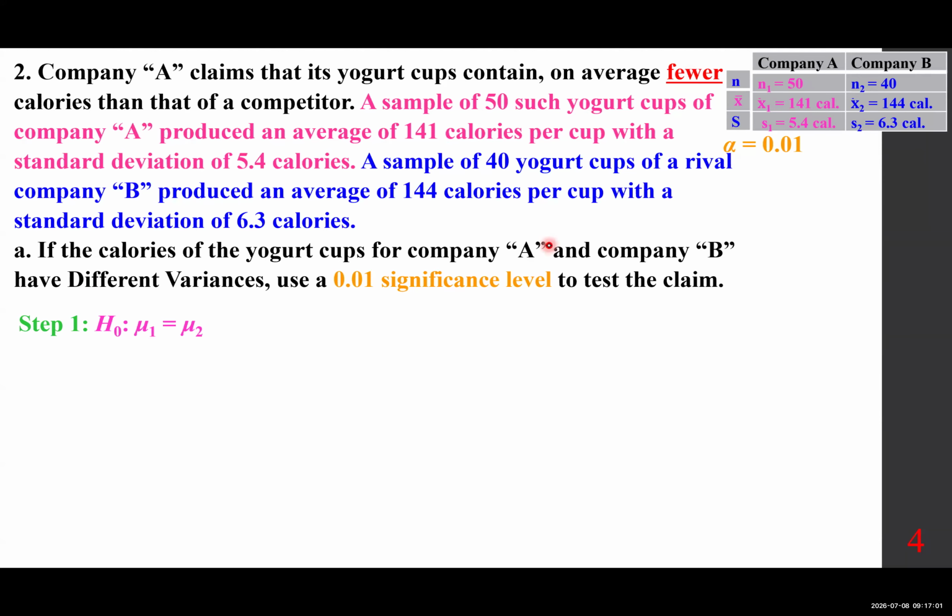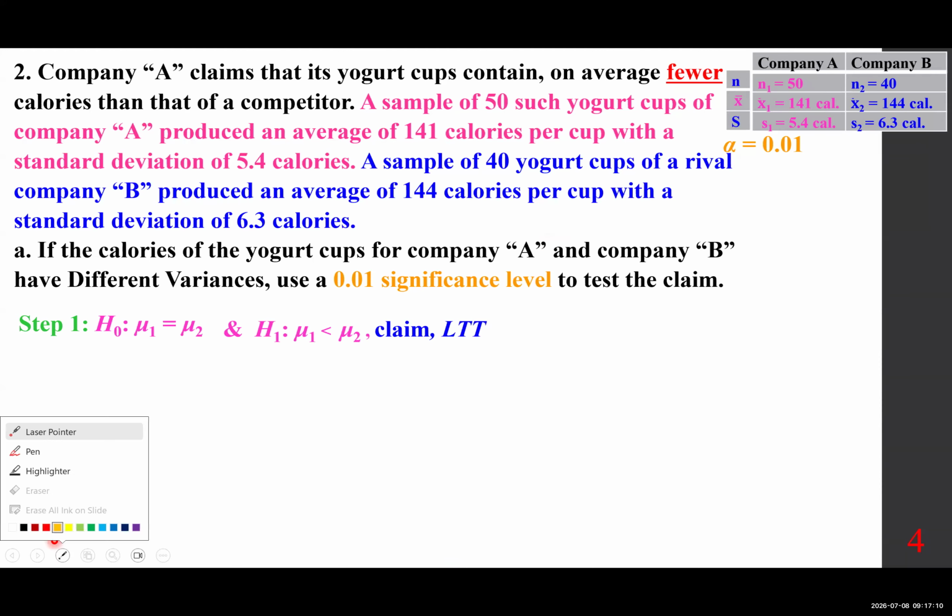That is the claim, and that's a left tail test. You could also use mu1 minus mu2 equals 0, in which case it becomes mu1 minus mu2 less than 0. In other words, just be consistent in the way you do the writing.